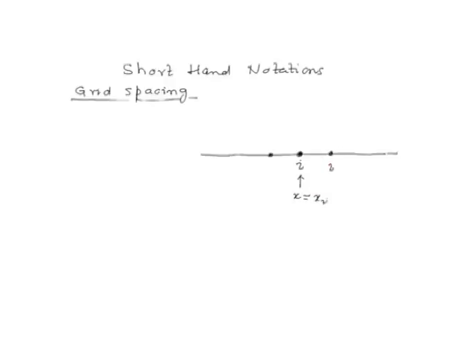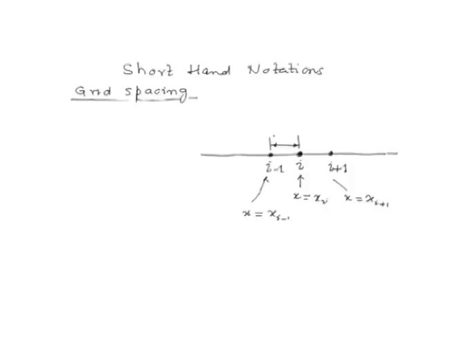The next grid point we use symbol i plus 1, this corresponds to x is equal to xi plus 1, and similarly i minus 1, which corresponds to x is equal to xi minus 1.